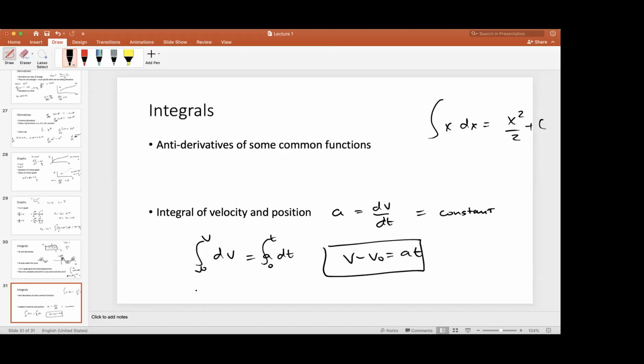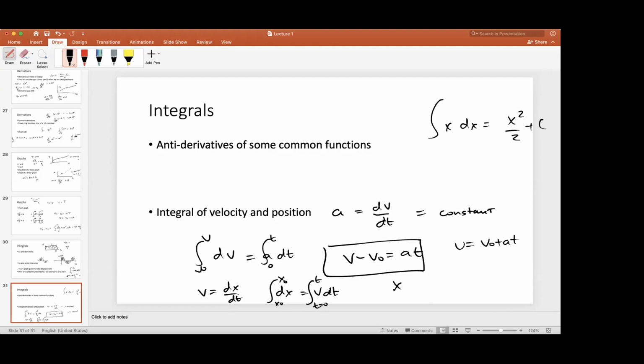If we then use that v is dx dt, the time rate of change of the position, we get, again, dx is v dt, taking the integral of both sides from x initial to x final, from time 0 to t final, and putting this v in here, where v is v naught plus at.